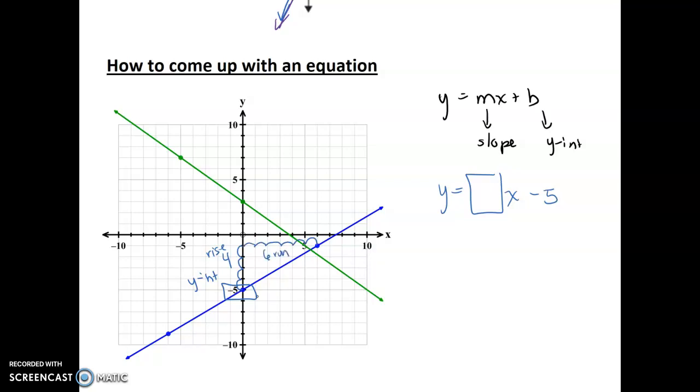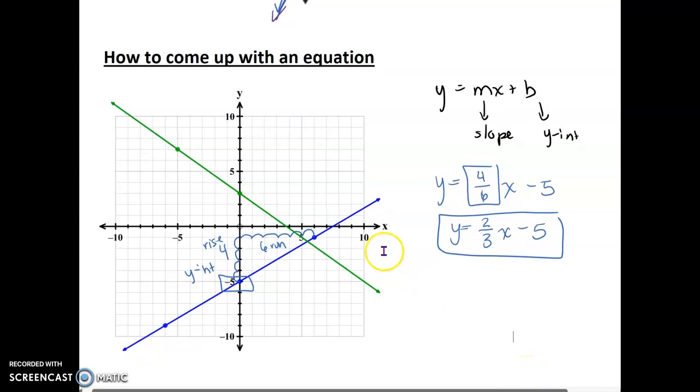So rise over run is 4/6. It's a fraction, but we always like simplified fractions, so I'm going to reduce this by 2. I get 2/3. So 2/3 x minus 5 is the blue line's equation. There we have it.